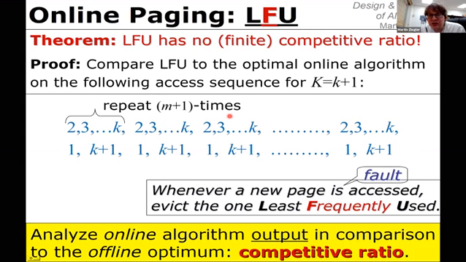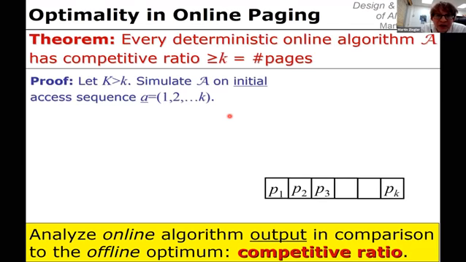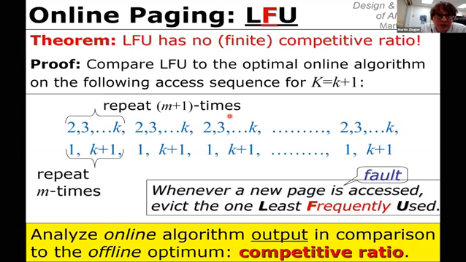It is bound to its least frequently used strategy, and therefore it will keep in memory pages 2 to k, although these will never be used again, as the omniscient optimal algorithm knows. So the competitive ratio in this example is like m, right?